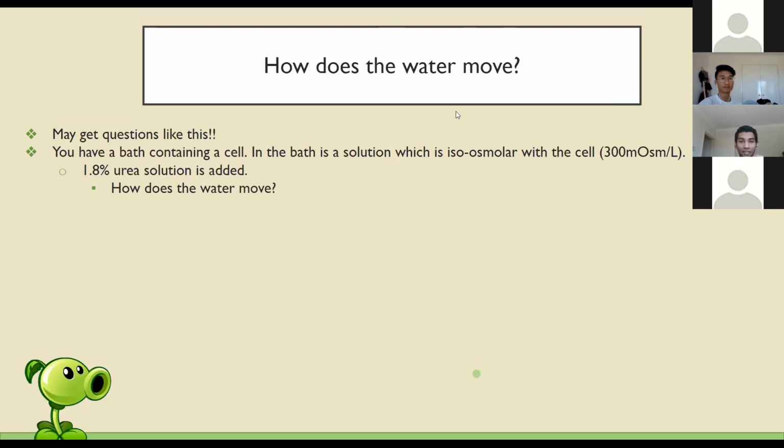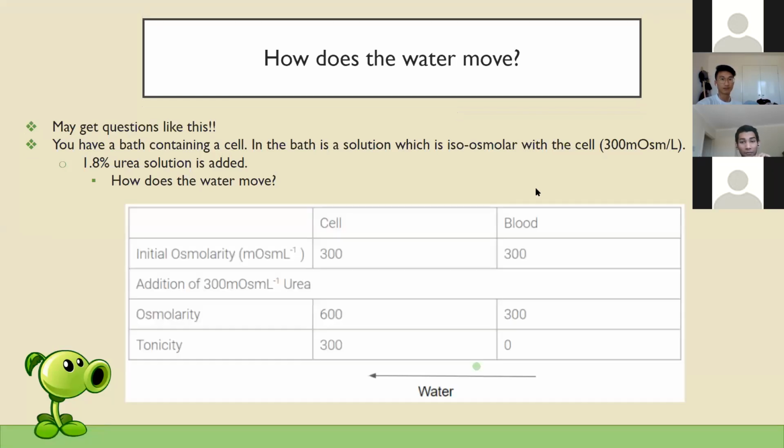I already kind of shared the answer before, but we'll just go through it. In terms of the initial osmolarity, you have 300 milliosmoles per liter inside the cell and 300 milliosmoles per liter in the blood stream.